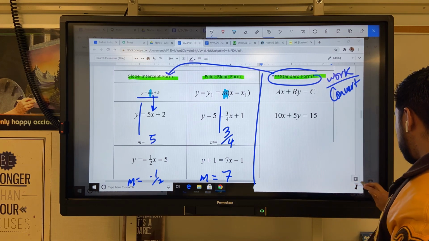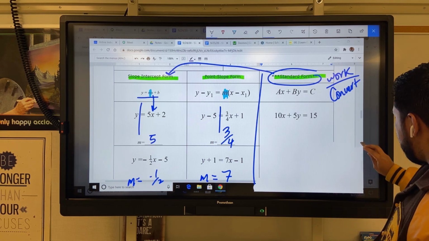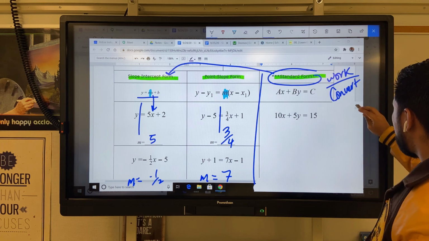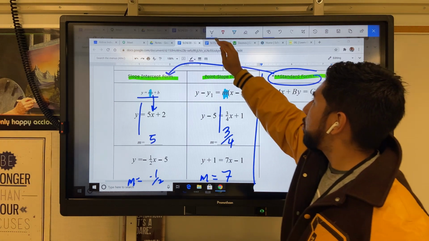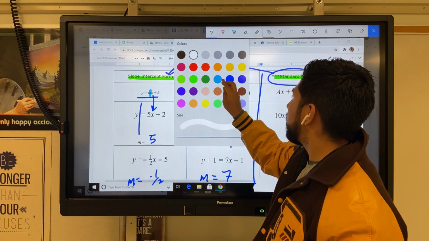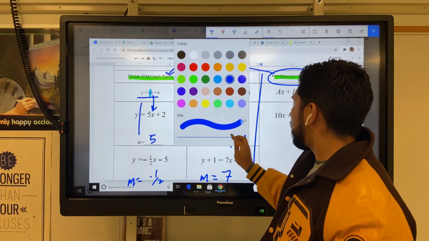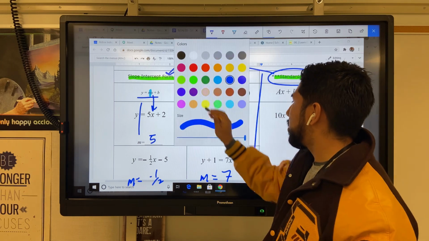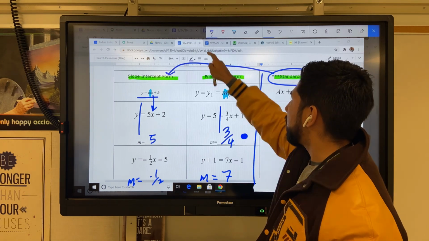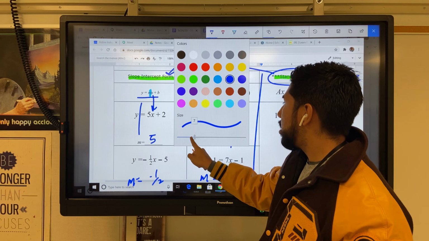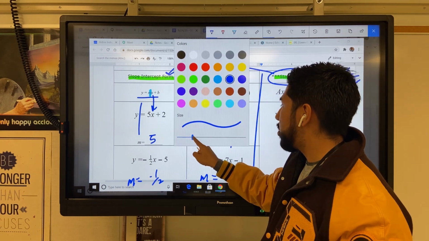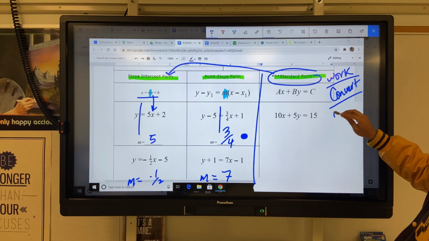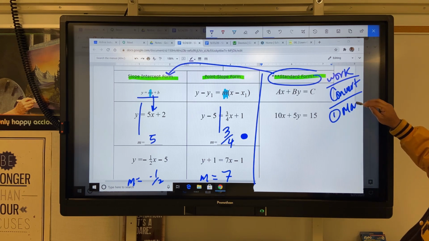Couple things. There's only 2 steps, ladies and gentlemen. Step 1: you're going to move your x.